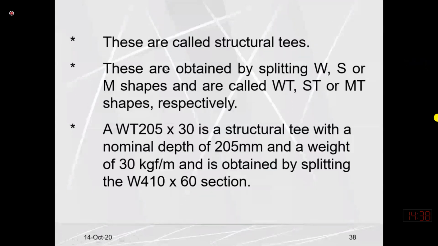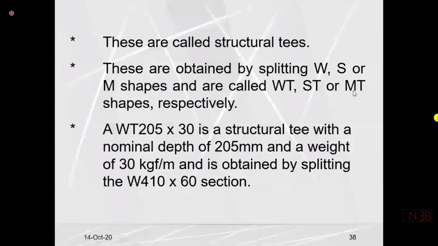These are obtained by splitting, cutting the W or S section at the x-axis, or the M shape also. So they are referred to as WT. WT means a T shape which is obtained by cutting a W section, ST is obtained by splitting an S I section, and MT is obtained by splitting the M shape.